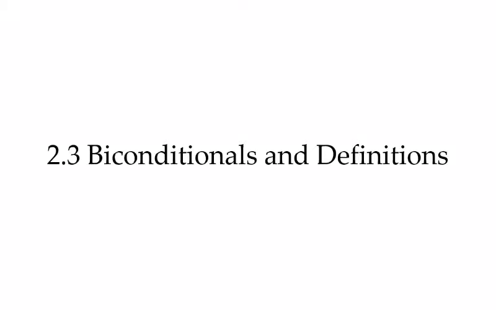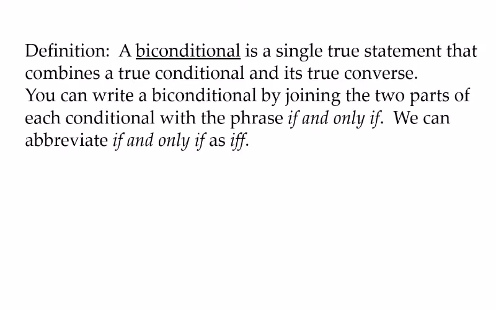All right, section 2.3, talking about biconditionals and definitions. So a biconditional statement is a single true statement that combines a true conditional and a true converse. Remember that generally a conditional statement does not share the same truth value as its converse.